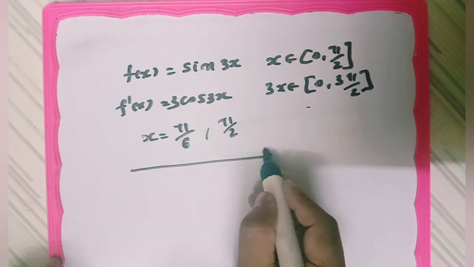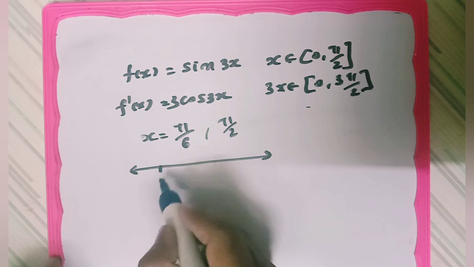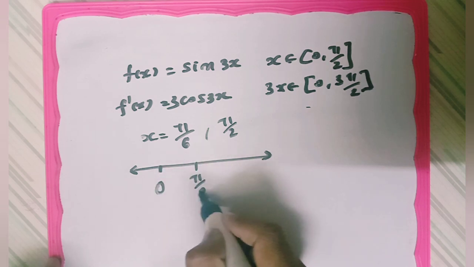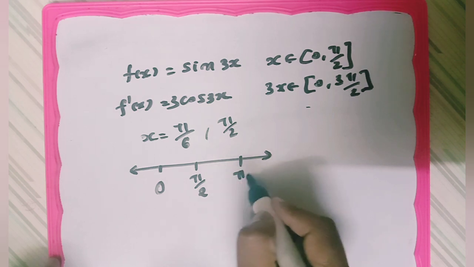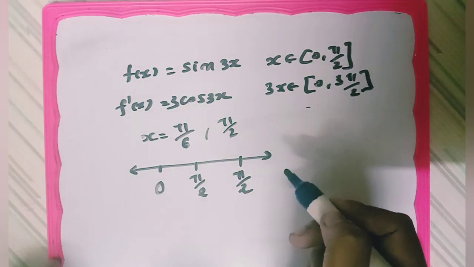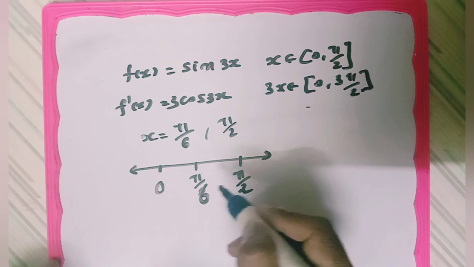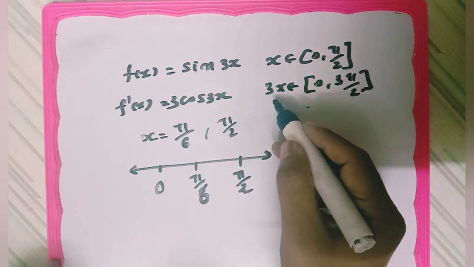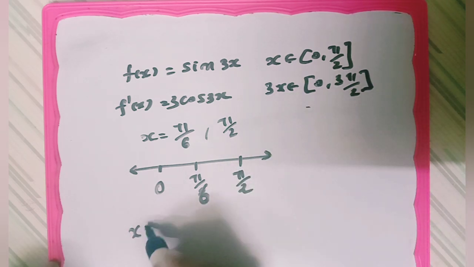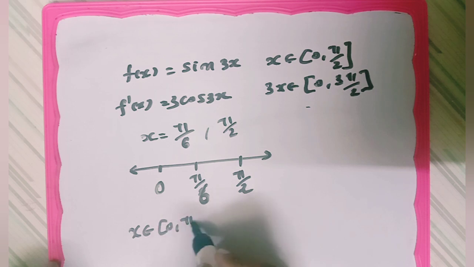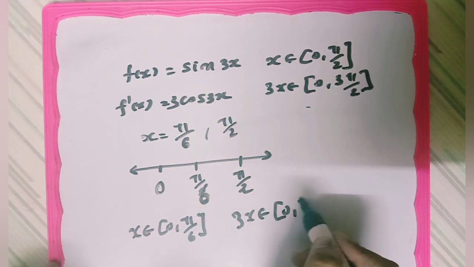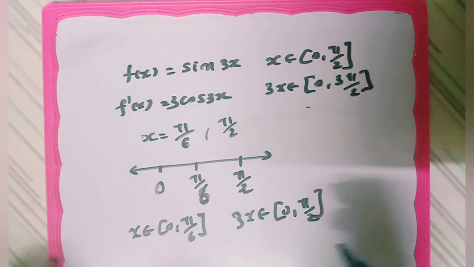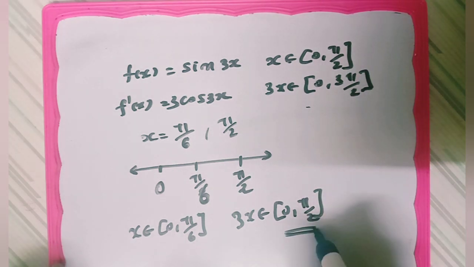So the interval 0 to pi by 2 will be divided into 0 to pi by 6 and pi by 6 to pi by 2. For x belonging to 0 to pi by 6, 3x belongs to 0 to pi by 2, which depicts the first quadrant.